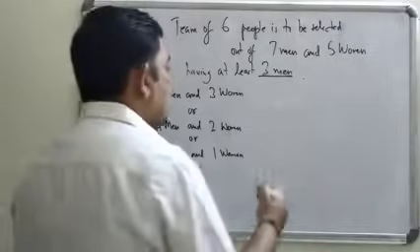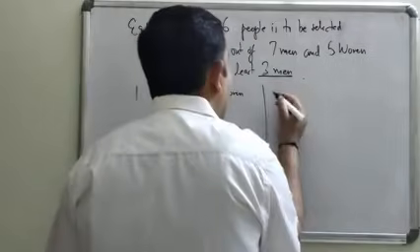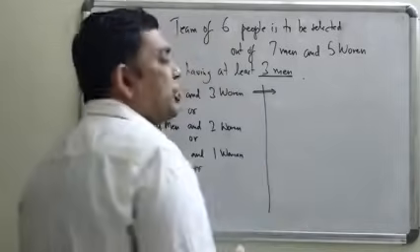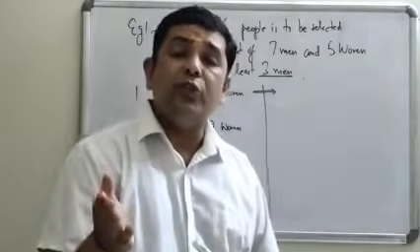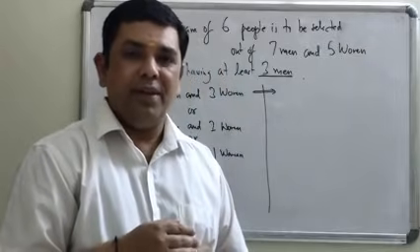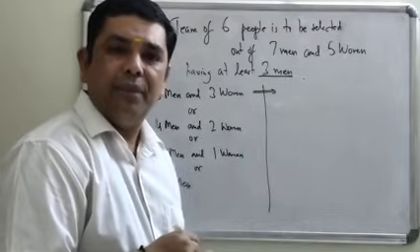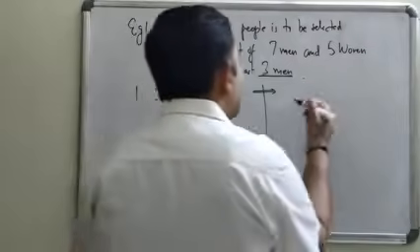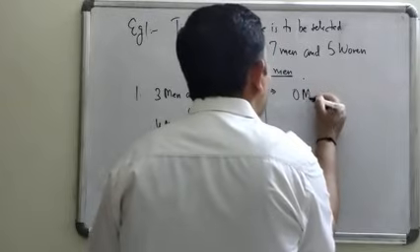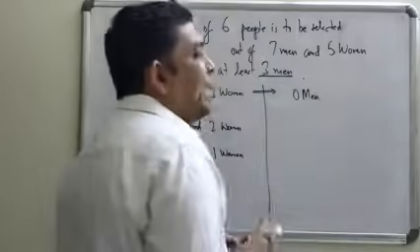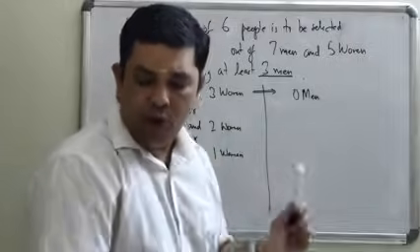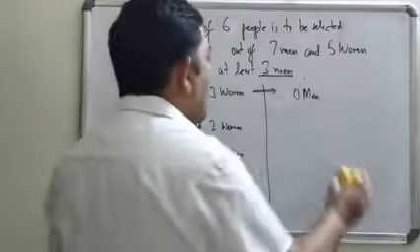Now sometimes an easier way to approach such problems is to look at and solve the complement. So what if the team does not have at least 3 men? Then it will have 0 men, and can it have all 5 women? No. So this case is ruled out.